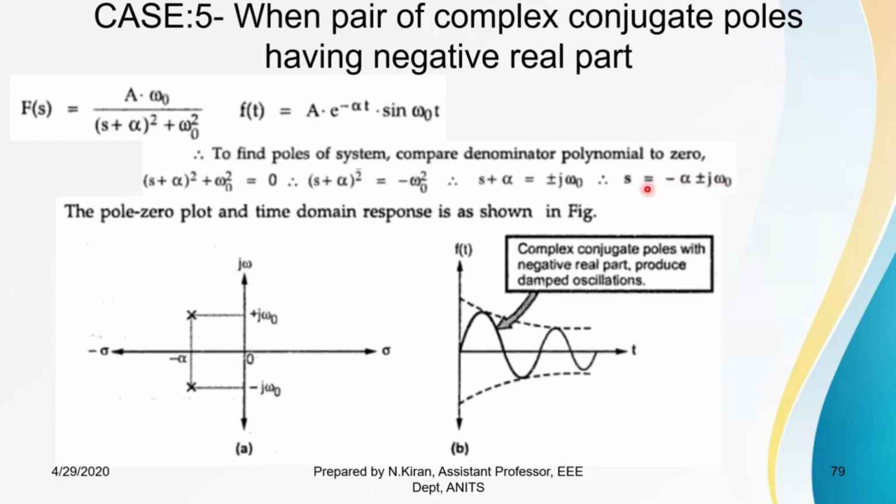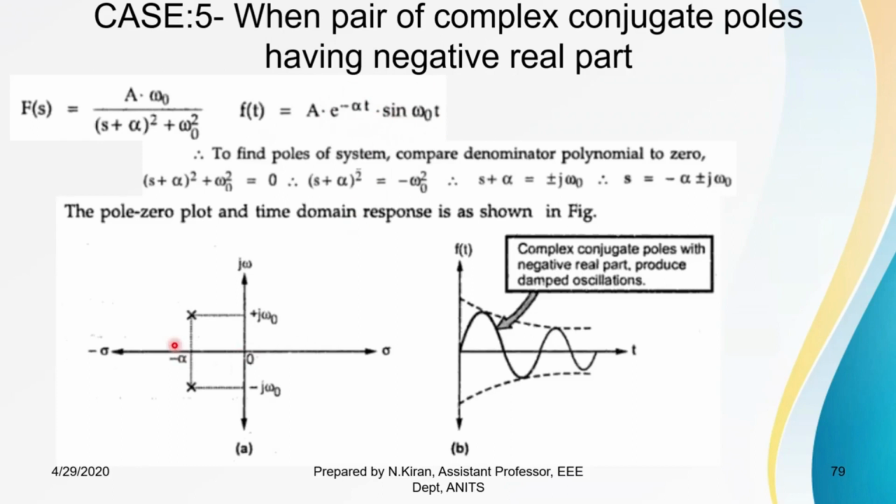So the complex conjugate has some negative real part. Upon inverse Laplace this gives A into e power minus alpha t into sine omega t. You can see this consists of both an exponentially decaying function as well as a sinusoidal function.